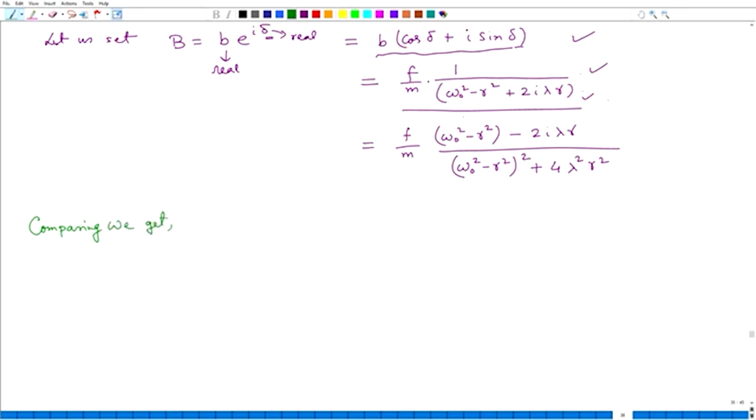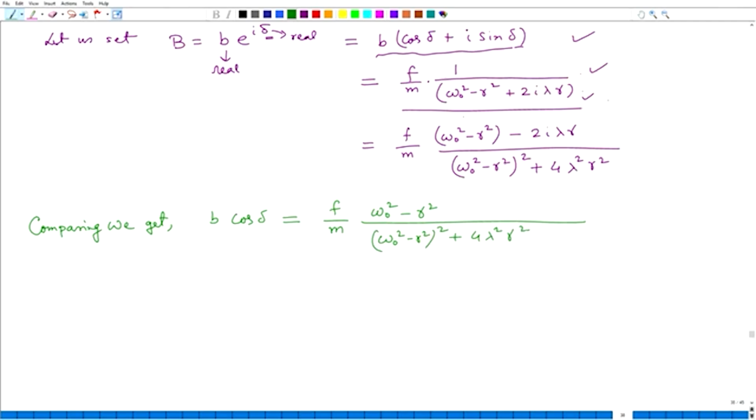we get B cos delta will be equal to F by m times omega 0 square minus gamma square, divided by the whole thing, omega 0 square minus gamma square whole square plus 4 lambda square gamma square.